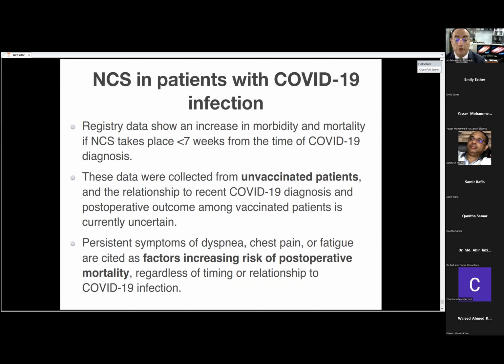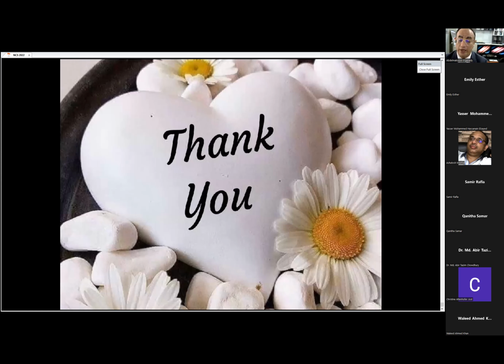This data was collected from unvaccinated patients, and the relationship to recent COVID-19 diagnosis and post-operative outcome among vaccinated patients is still uncertain. Persistent symptoms of dyspnea, chest pain, and fatigue are cited as factors increasing the risk of post-operative mortality regardless of the timing or relation to COVID-19 infection.